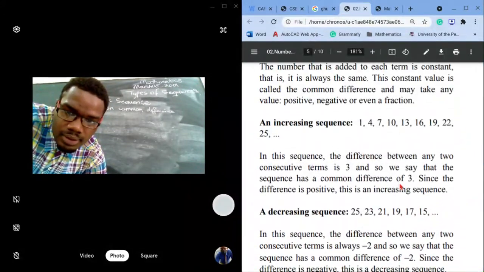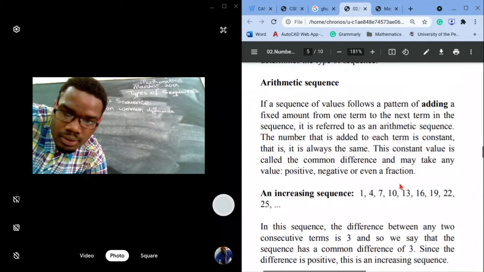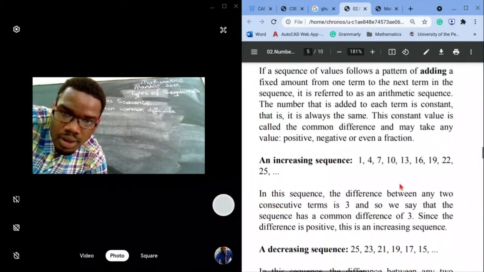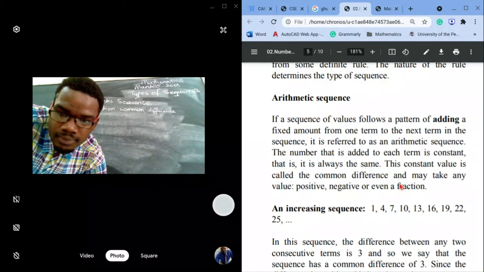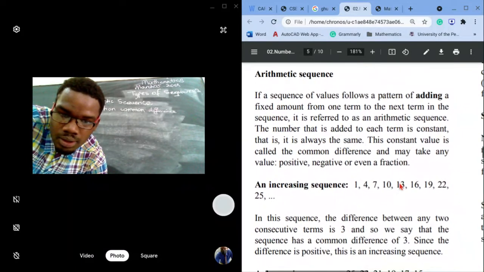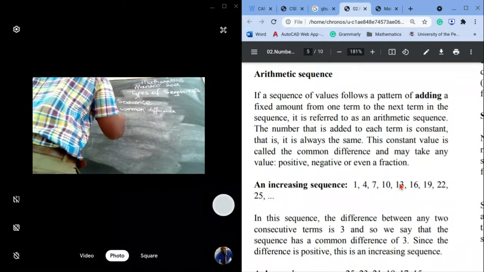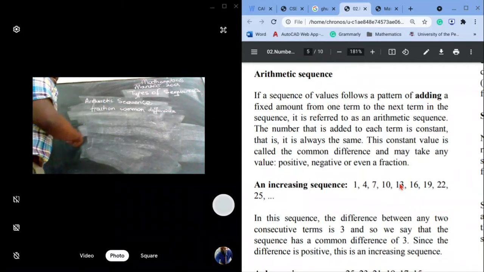All right, follow with me. A fraction common difference is going to be a case where my next term is either increased or decreased by a fraction.